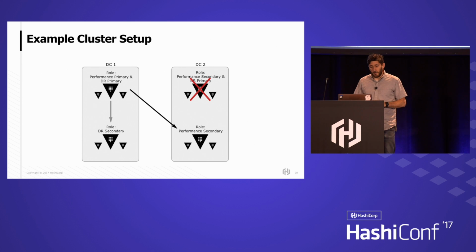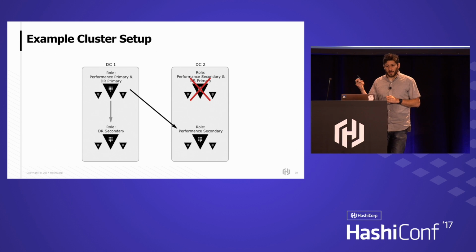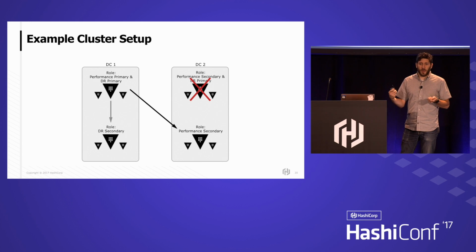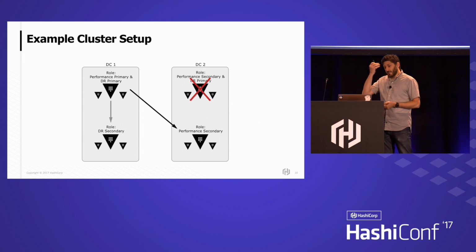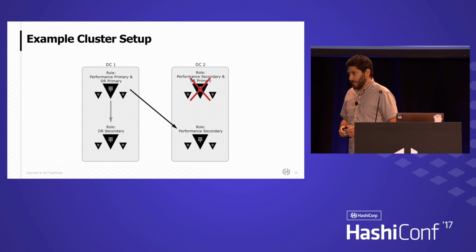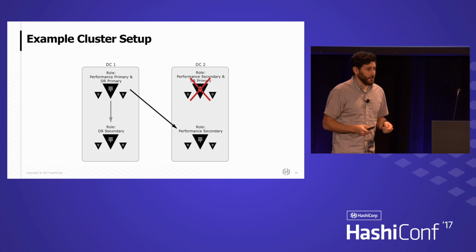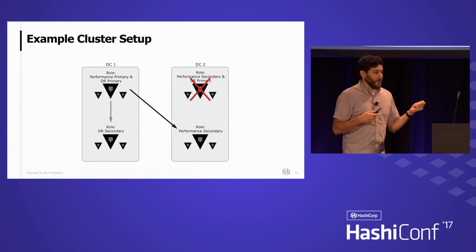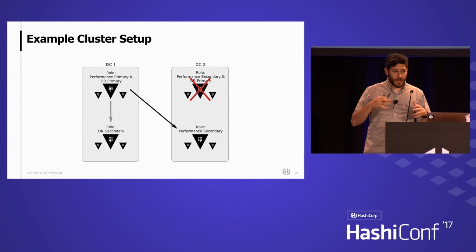And because the secret foo that we just wrote was already replicated down to the DR secondary, when it came back up, it was right away able to serve that request. And so any application that's running in data center 2 would need to be able to handle this case. So your service discovery would need to know how to recognize that the new active cluster is at this location.